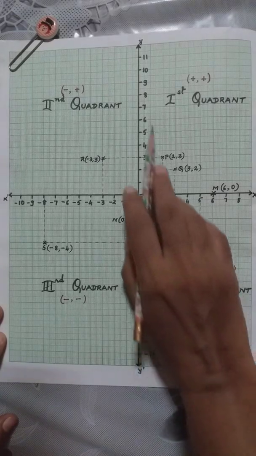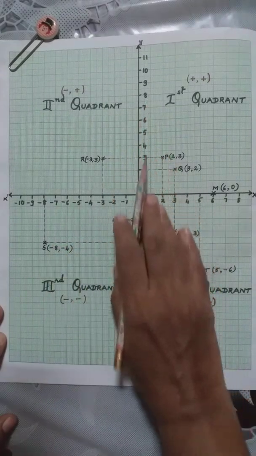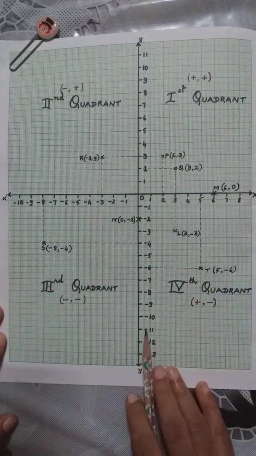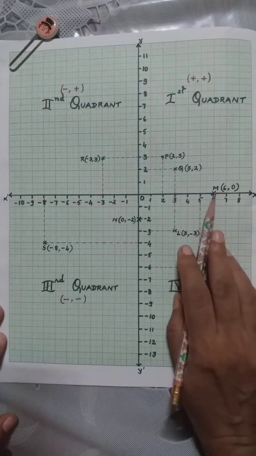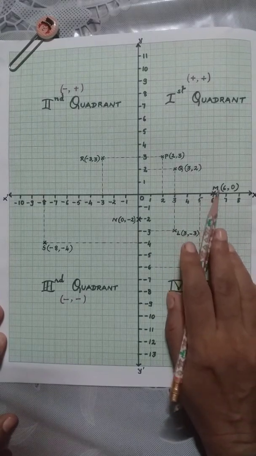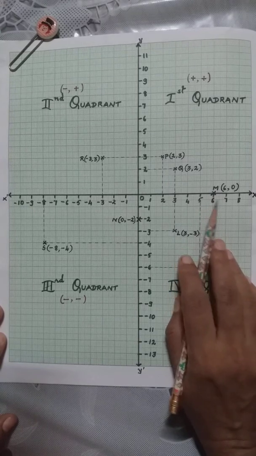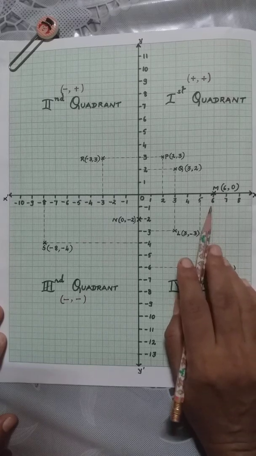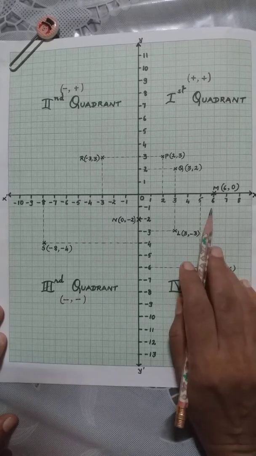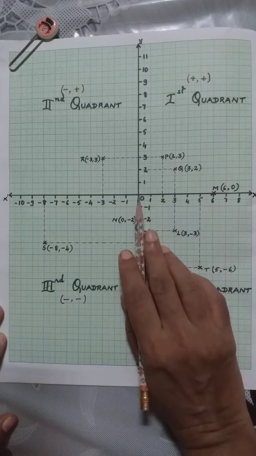Now a point can also lie on the x-axis or on the y-axis. If it lies on the x-axis, say for example I have taken a point M here. It is lying here on the x-axis. What number does it correspond to on the x-axis? It is 6. But on the y-axis it is 0 here.